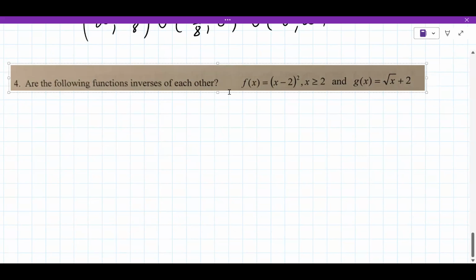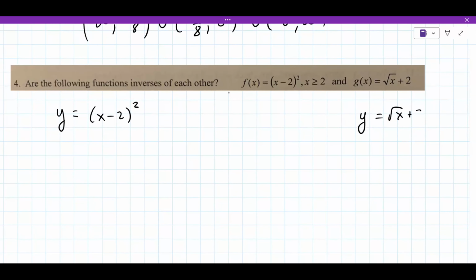I don't really. Okay, so method number one would be to determine the inverse of, say, this one, and then do the same thing for this one. And then if you find the inverse and they are actually the other function, that's good. The other way is to do the composition.